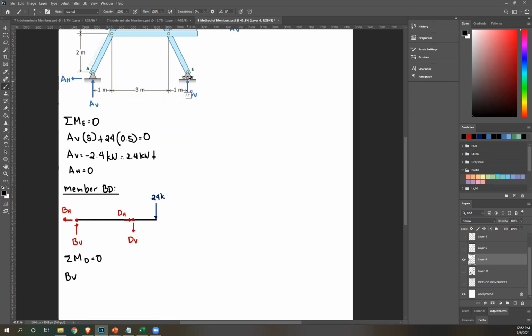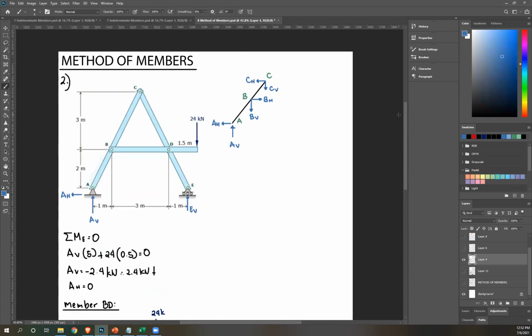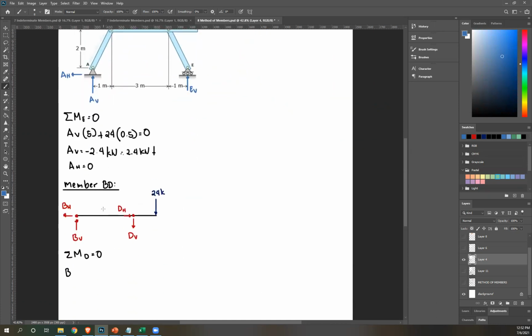And then what's the distance? This is 3 meters. This is 1.5. So this is 3. This is 1.5. Perpendicular distance of BV from point B. Let's write those. So BD. Now that's 3. So BV times 3.